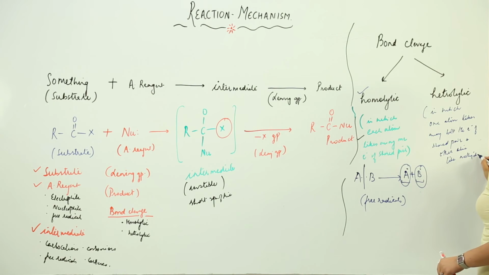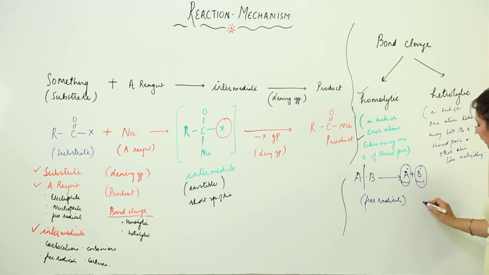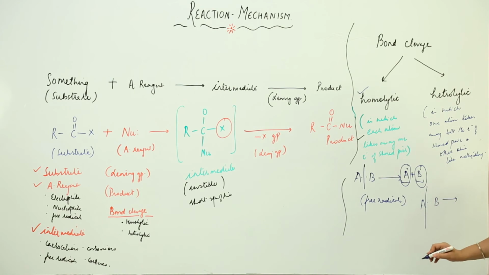It does not take any electron. For example, I have again this type of bond. Let us say the bond gets cleaved like that. As a result, B will take both the electrons along with it, leaving behind A, which is deprived of any electron.